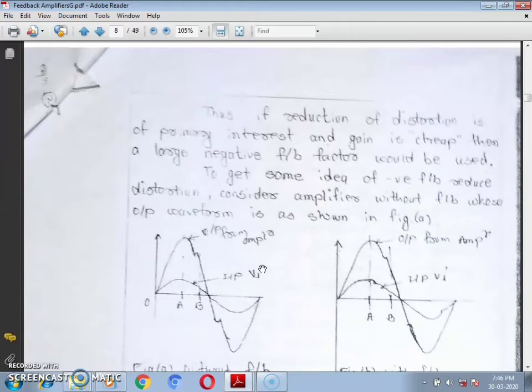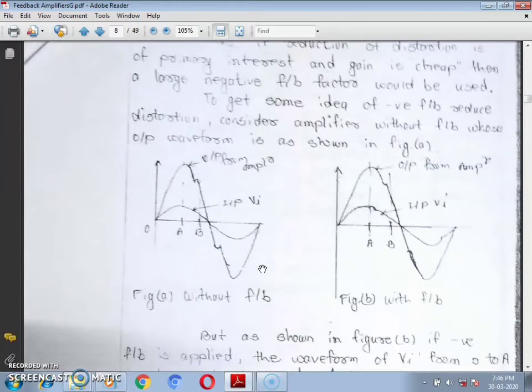Then how do we get an idea about this? Let's consider that this is an input sine wave we have applied to the basic amplifier, meaning the amplifier without feedback, and the output of the system will look like this, which is amplified.